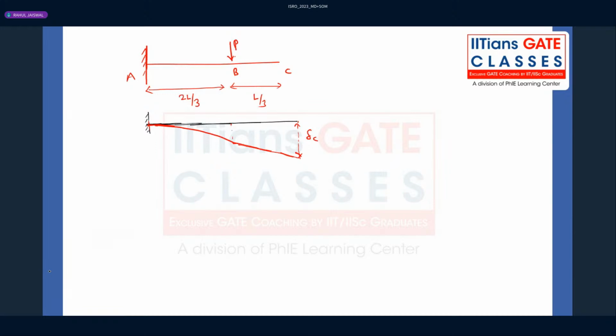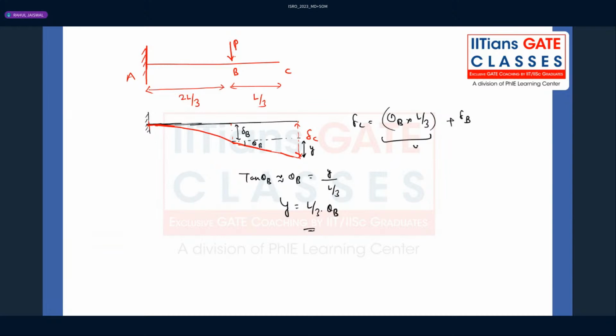We only have to calculate theta B and deflection at B, because delta C will be theta B into L by 3 plus deflection at B. Because tan theta B, when theta B is very small, equals this distance, say y, divided by L by 3. So y will be L by 3 into theta B. This y plus delta B will give me the total delta C.